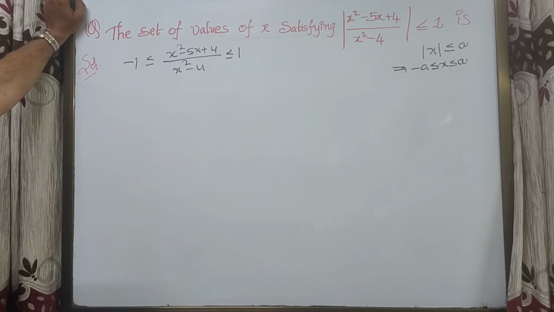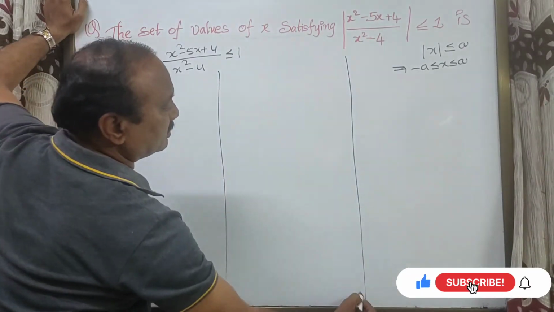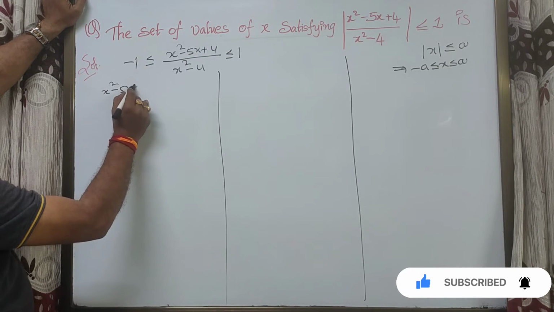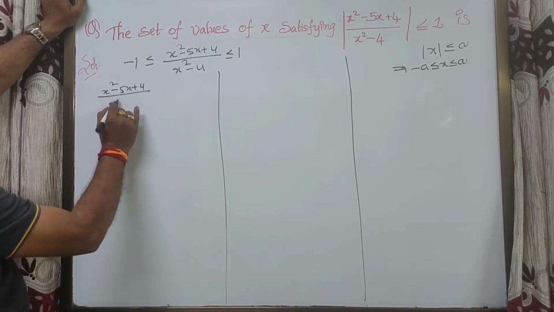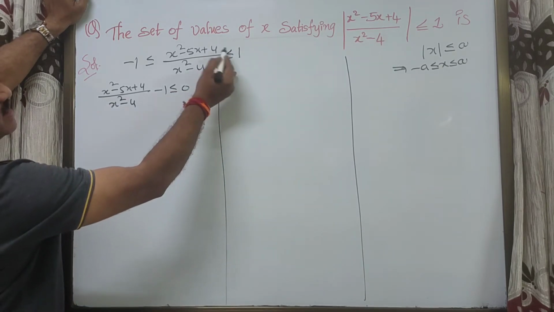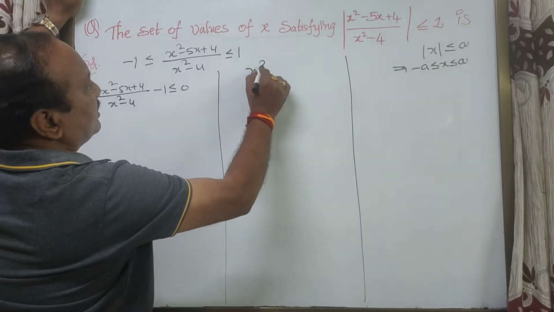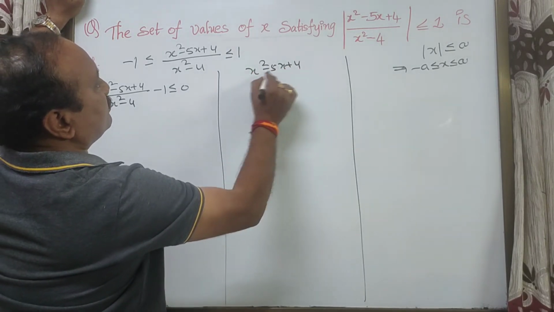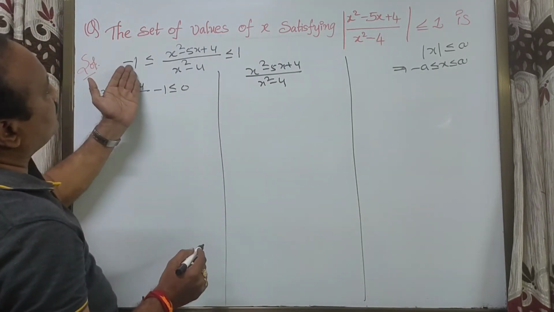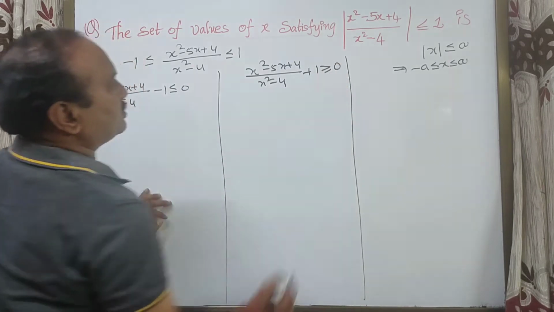So first you take one by one condition, students. First you take one by one condition. x square minus 5x plus 4 by x square minus 4 minus 1 less than or equal to 0. Take this to this side. If you take this to this side, x square minus 5x plus 4 by x square minus 4 plus 1 greater than or equal to 0.